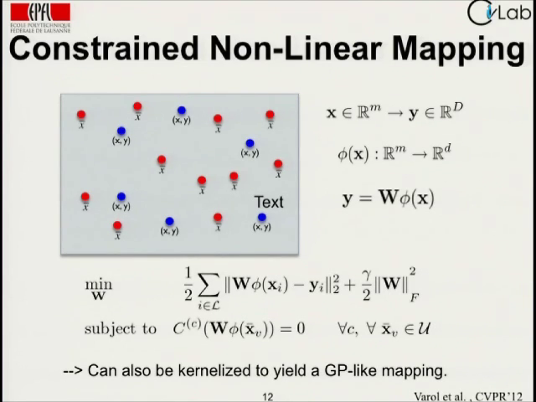What's interesting is that if you work out the math, you get something fairly similar to a GP, and a nonlinear mapping that preserves length better over the whole latent space.